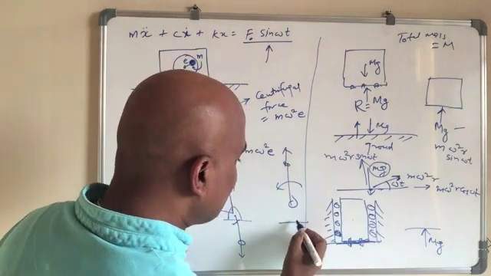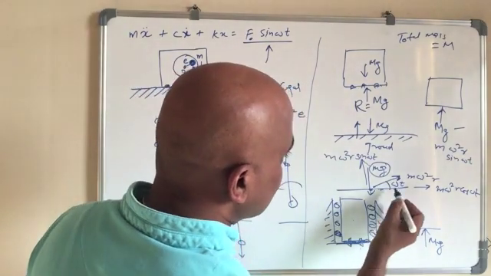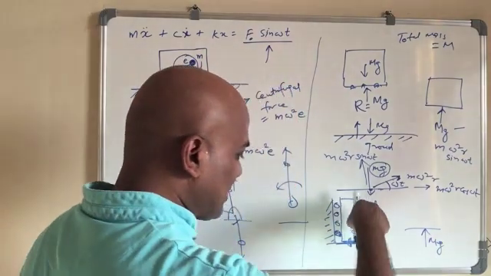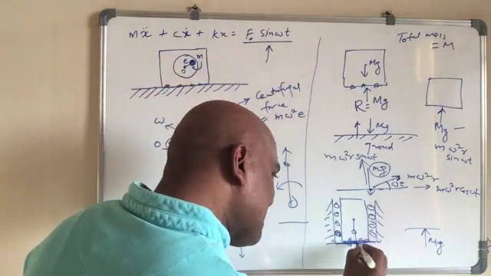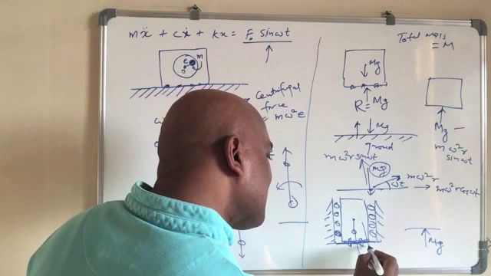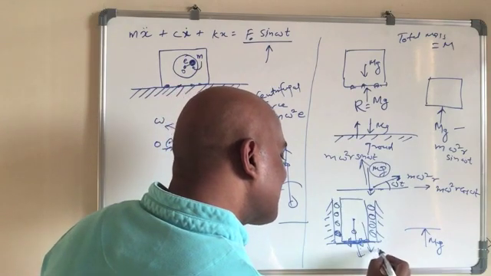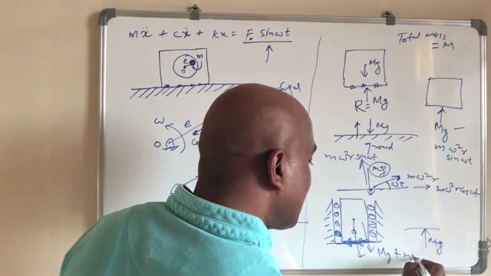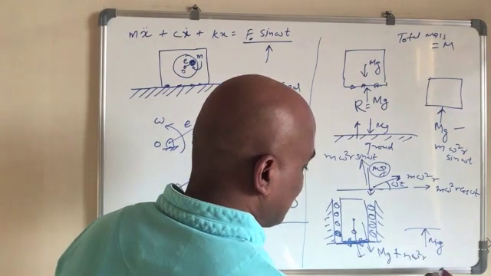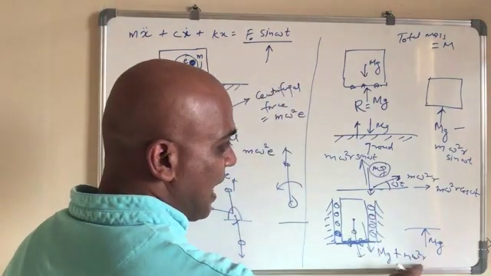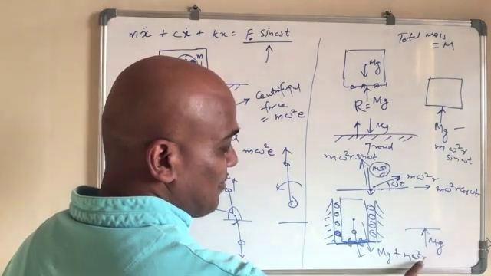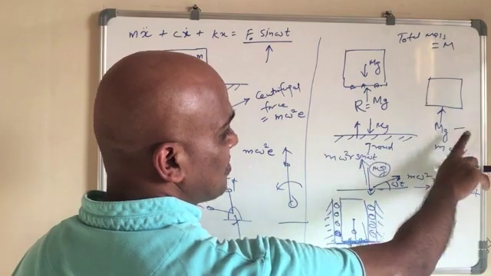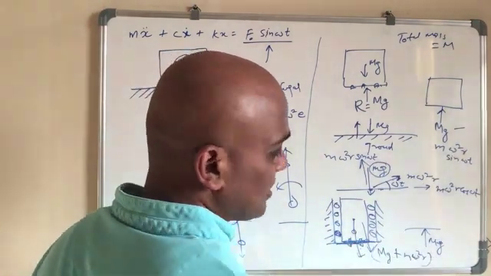The maximum reaction will be felt when this lever is downward. In that case the force will be downward and the gravity is also downward, so you have mg plus m omega square r, because sine omega t will be minus 1, and minus 1 becomes plus, hence you get this value.